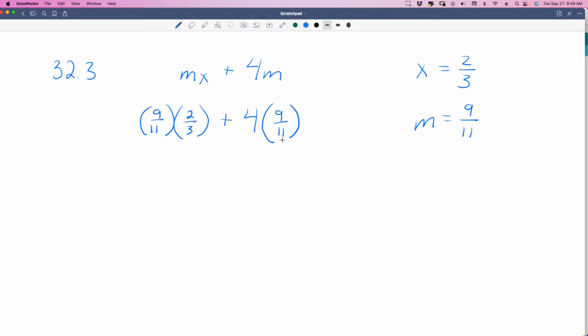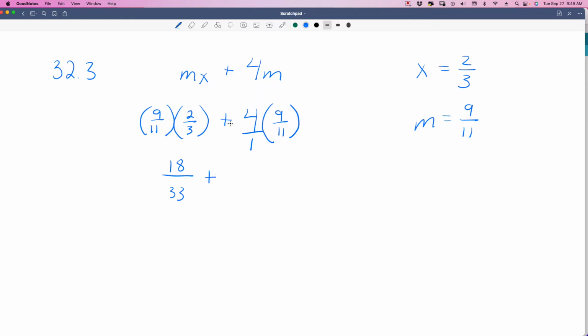So now that I have all of my values in the right way, I can do the calculation. So multiplying fractions, we just go across the top and across the bottom. So 9 times 2 is 18 over 11 times 3 is 33. Now when we multiply a whole number times a fraction, we turn the whole number into a fraction by just putting it over 1.